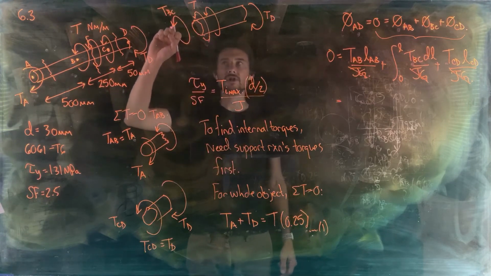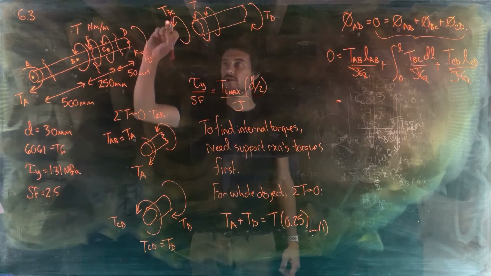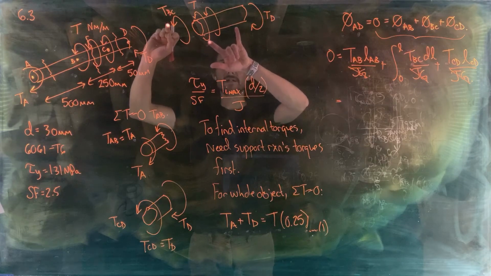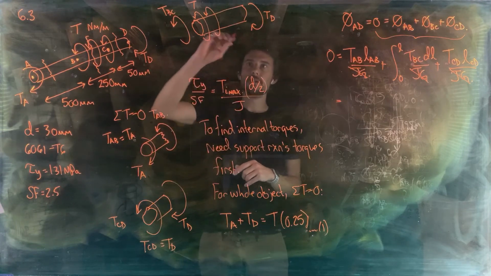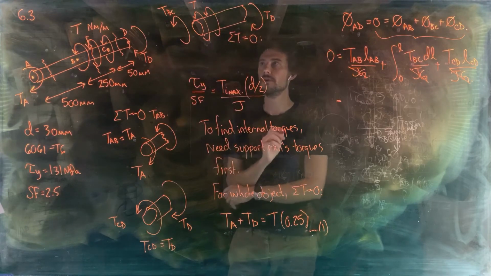It doesn't matter which direction you choose for your internal torque. You just have to pay attention to the sign of it for your right-hand rule and create your equations of statics appropriately for this section. So for this section right here, we know that the sum of the torques has to be equal to 0.